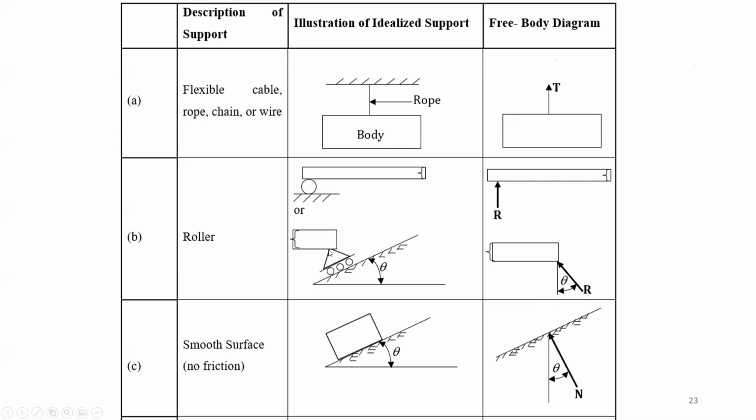This angle here means that this force is acting at a particular angle. If you have a smooth surface, this is how you represent it. This one we will implement when we are dealing with friction. So when we get there, we will throw more light on it.